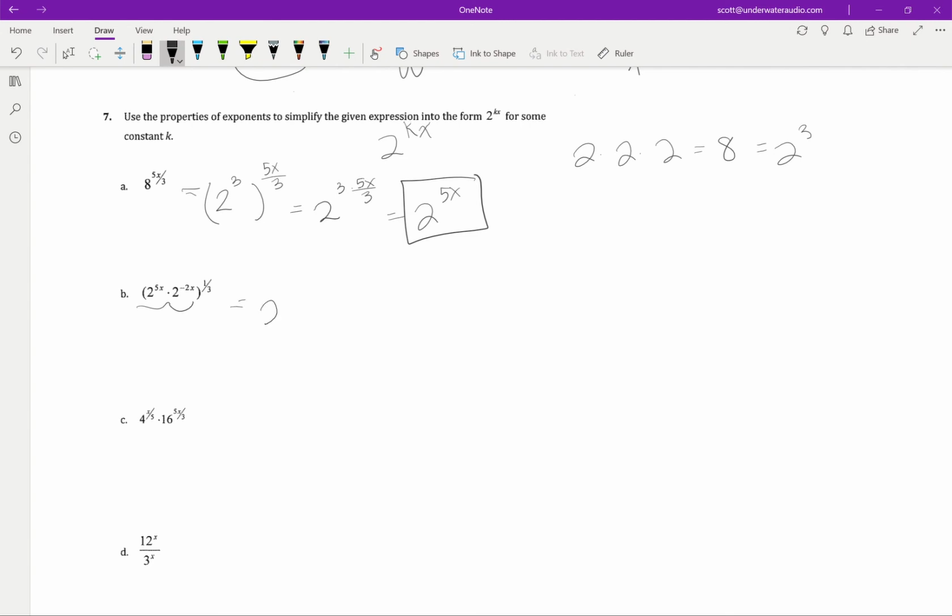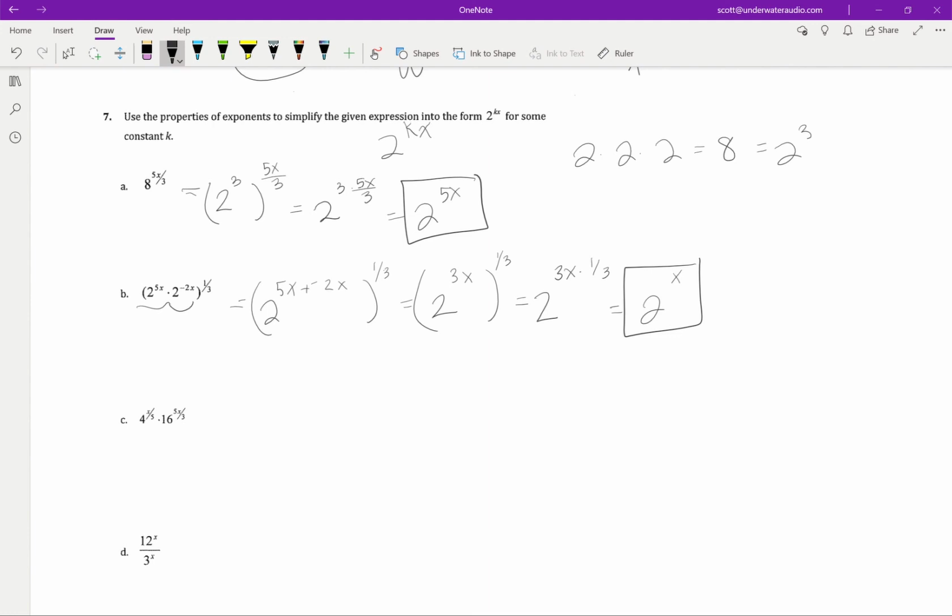So that would be 2 to the 5x plus negative 2x, and all of that is to the 1/3 power. So 5x plus negative 2x, that's just 3x, to the 1/3 power. And if I've got 2 to a power, I can just multiply instead. So 3x times 1/3, which is actually just 2 to the x. So k in this case would be 1.